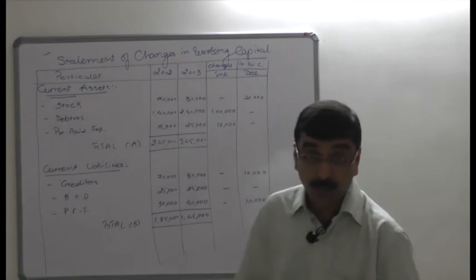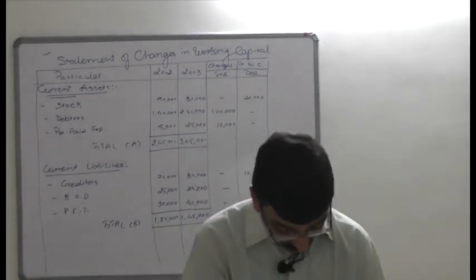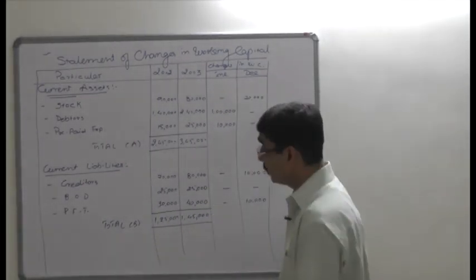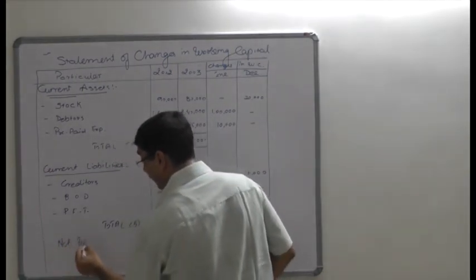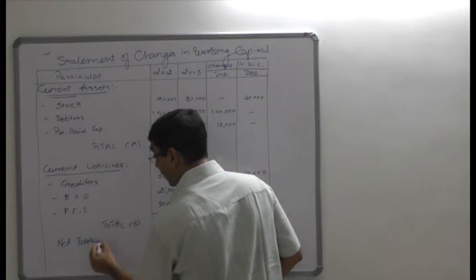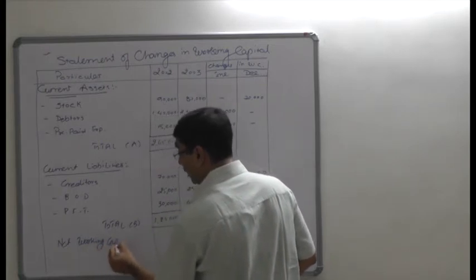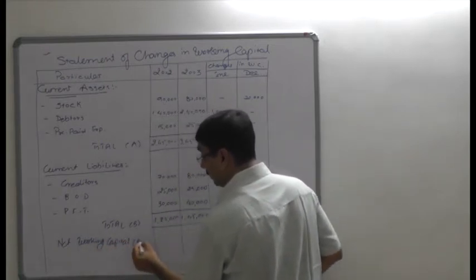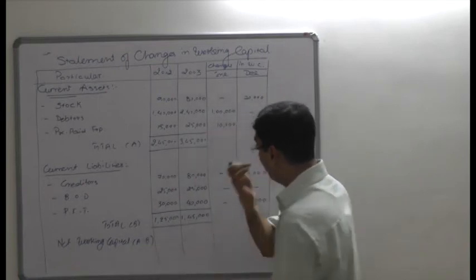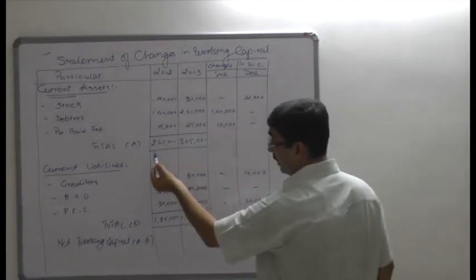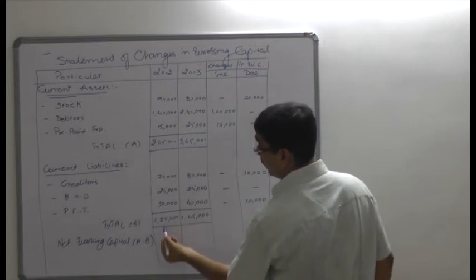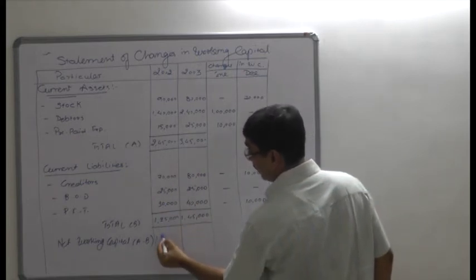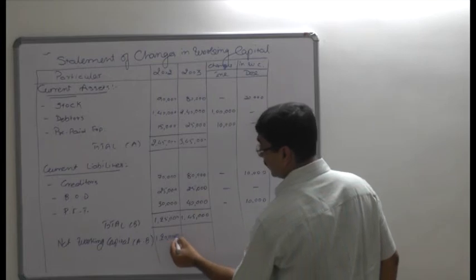Alright. So now you can find out the amount of the changes, that is, how much net working capital we have. Net working capital you can find as the difference A minus B, that means current assets minus current liabilities. See here, the current assets in the year 2002 are 2,45,000, where the current liability is 1,25,000, so the balance is 1,20,000.